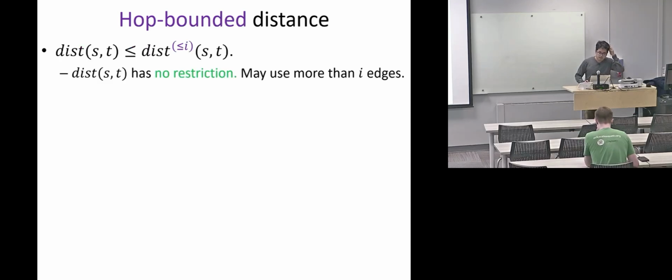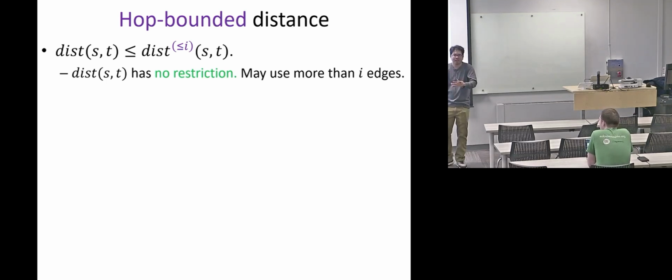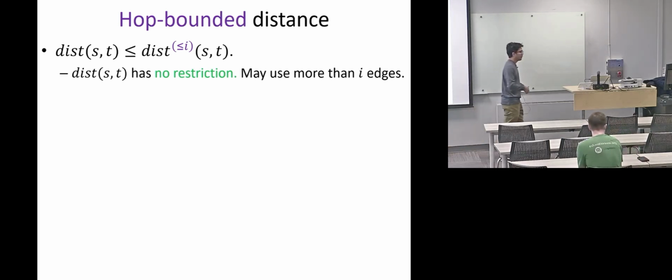You can see that the i-hop distance or at most i-hop distance is always at least the distance itself, because you add more restriction. You look at only a subset of paths that have i or at most i hops, but the distance itself has no restriction.